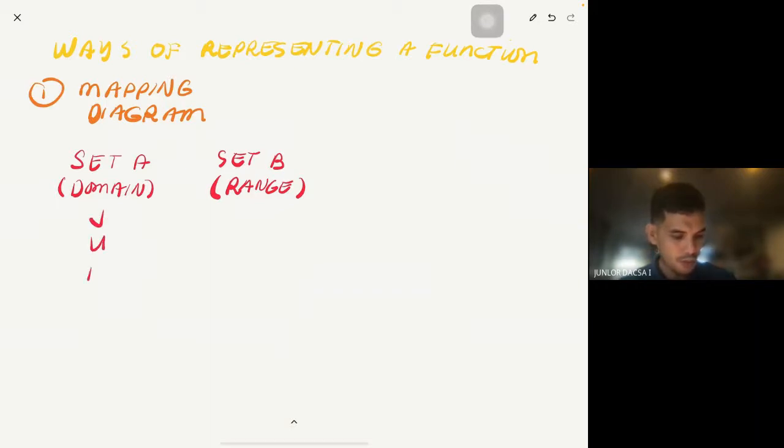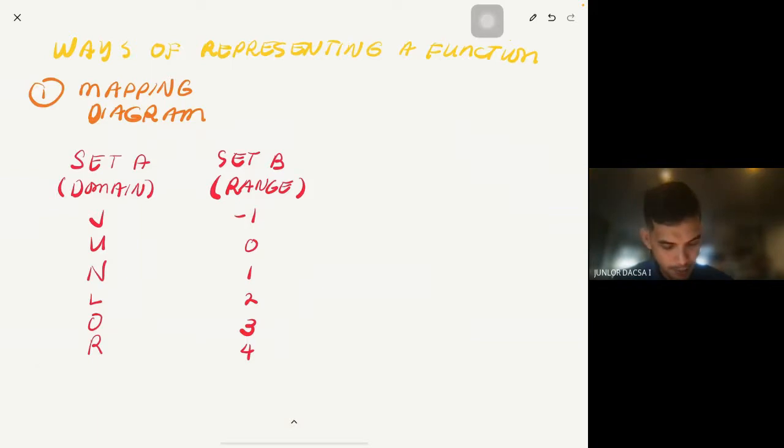So let us say the set A contains the elements J, U, N, L, O, R. And the set of the elements in set B, let us say we have -1, 0, 1, 2, 3, and 4. So, how can we present a function here through mapping diagram? So, we will use an arrow. Remember that the definition of a function, it is a relation in which each element of the domain corresponds to one element of the range.